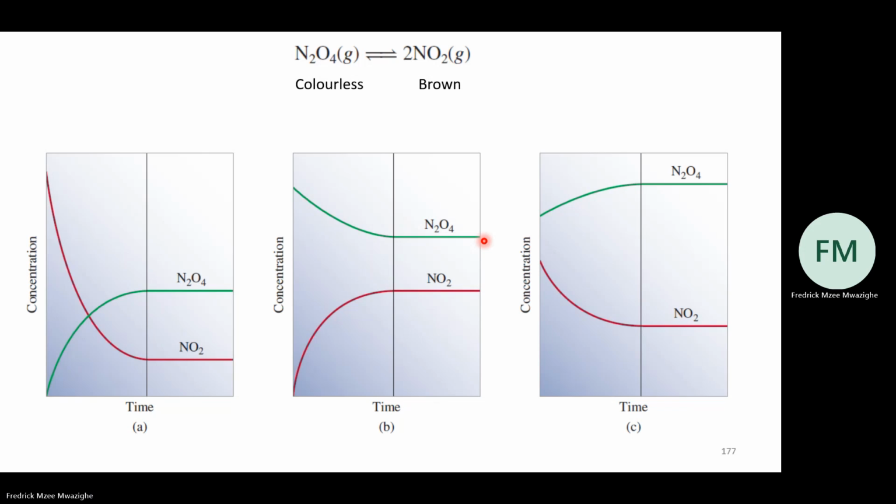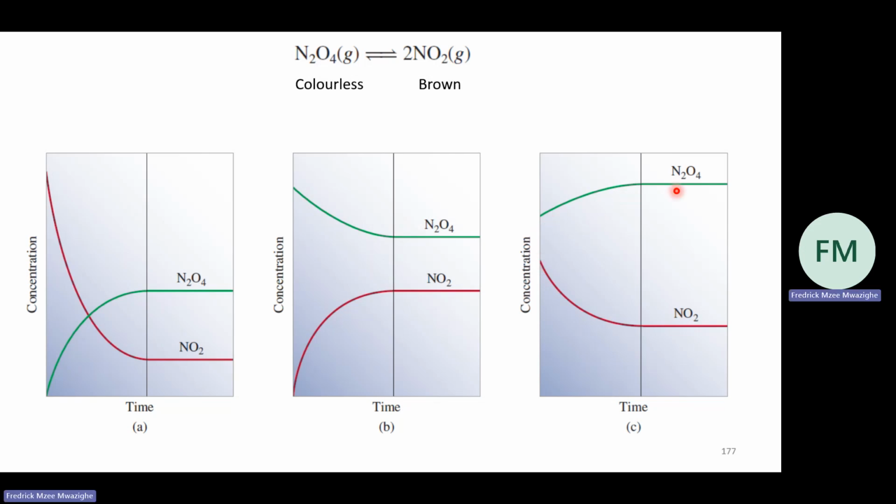We can also have another example where you have the two species at the beginning, each at a particular concentration. This is the concentration of N2O4 and the concentration of NO2, so both of them are in the flask. The concentrations change.